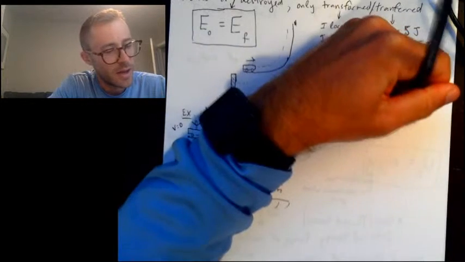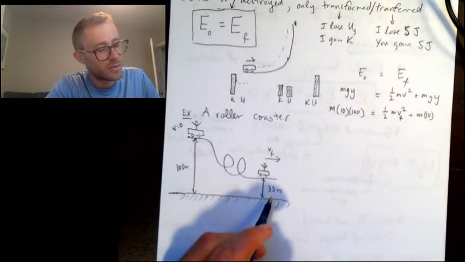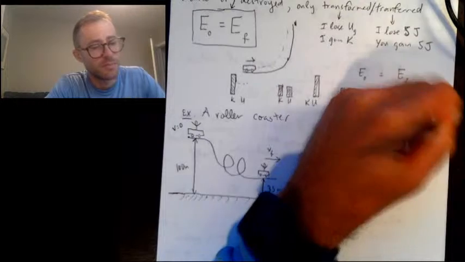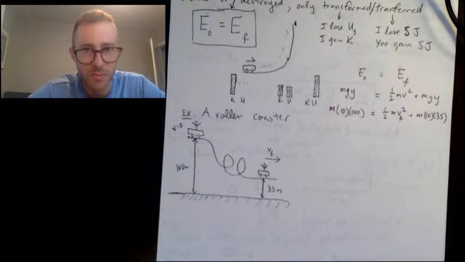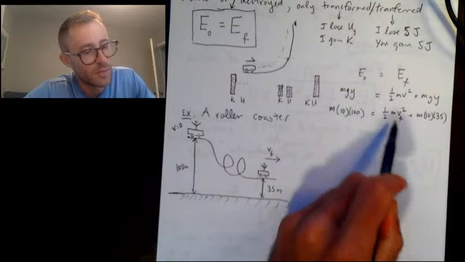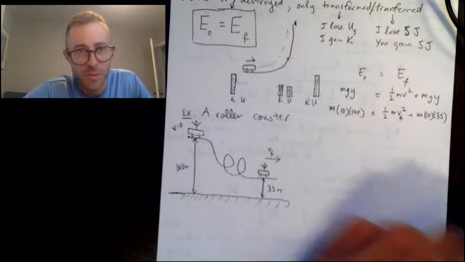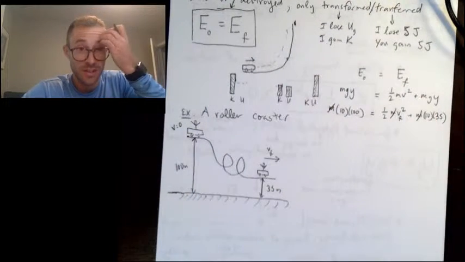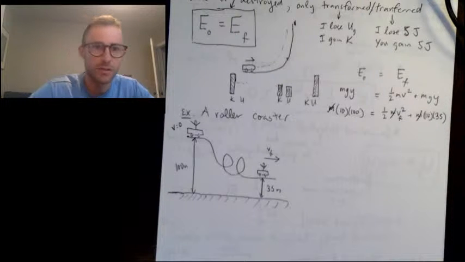Plus m times gravity, which is 10, times 35, which is the final elevation. And one of the things we can see here, and this is why mass doesn't matter, is that every term in this equation has mass. So that means I can divide both sides by mass and cancel it out. So the mass did not matter. It cancels out. So it was not a necessary piece of information to solve this problem.